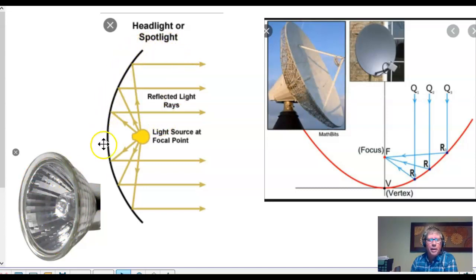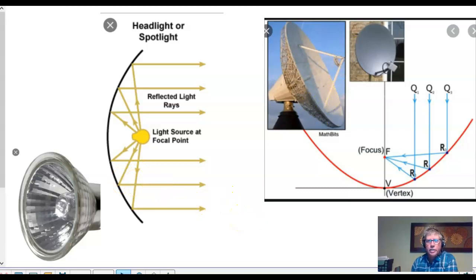You have what we call a parabolic mirror behind it, and they put the bulb sticking out right there. If you've ever had to change a bulb in a headlight, it's a lot easier than you think. It protrudes out from the mirror because the light hits there, and all the light is reflected parallel. That's what's cool about that.